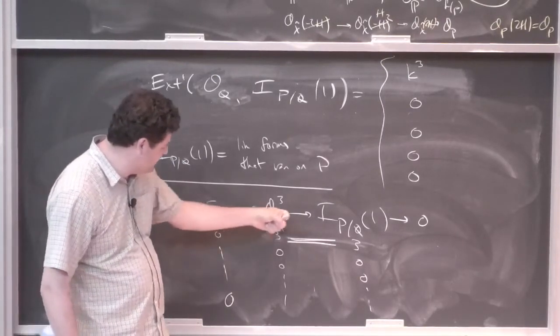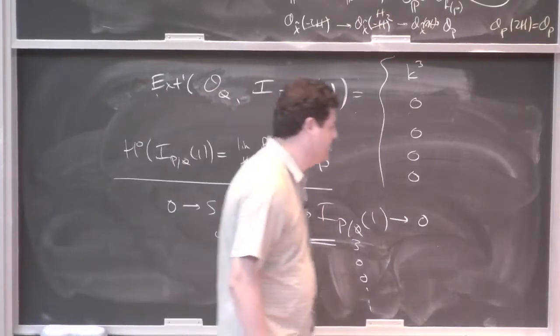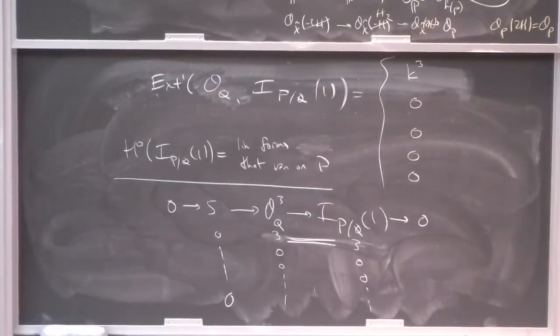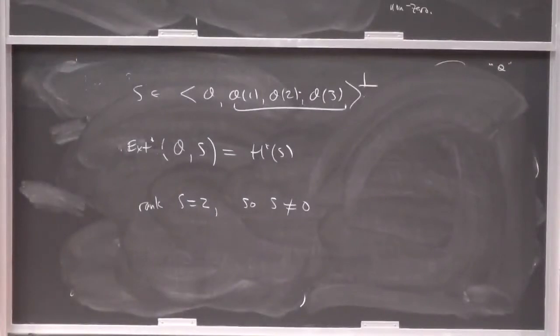But no, this has rank 3 and this has rank 1, so the rank is 2. So this is, okay, end of calculation. It is a vector bundle.